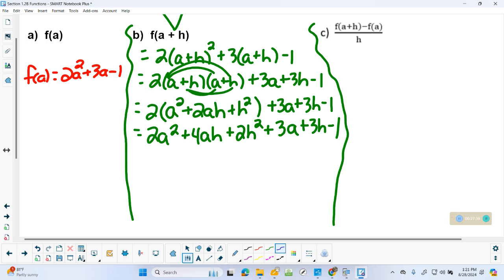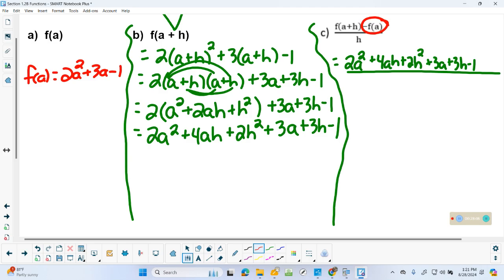Okay. So look at what C is. f of a plus h. Hey, that's this giant answer we got. I'm going to write it again. 2a squared plus 4ah, plus 2h squared, plus 3a plus 3h minus 1. I'm going to switch to red.